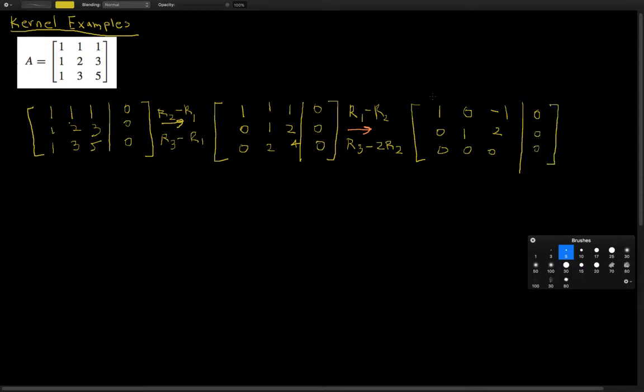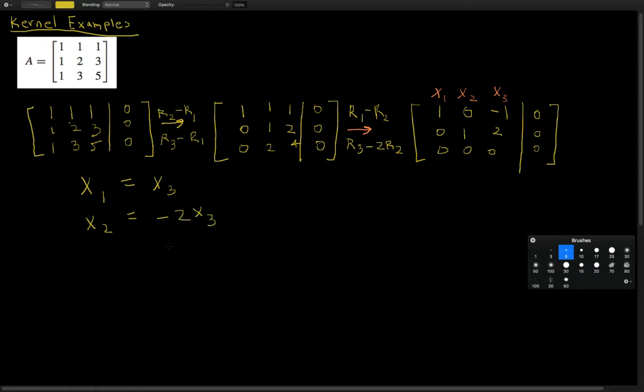So as we remembered, this column represents x1, this is x2, and this is x3. So we can see that for this matrix, x1 is going to be equal to x3, and x2 is going to be equal to negative 2x3.